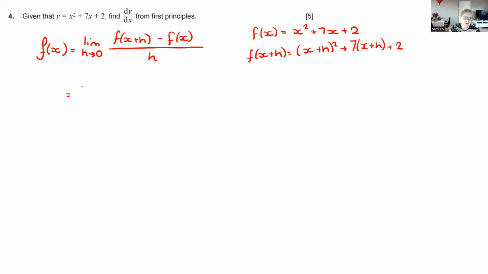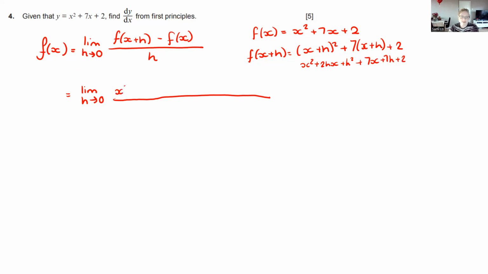So again, lim h is going to 0. This is the longest line you will ever write, but it's not too bad. So we're going to now be taking them away from each other. What I've noticed before is that minuses tend to cause a lot of problems, so just be aware. And I'm just going to expand out some of this already. So remember, that gives me x squared plus 2hx plus h squared, and that's going to give me 7x plus 7h minus 2.